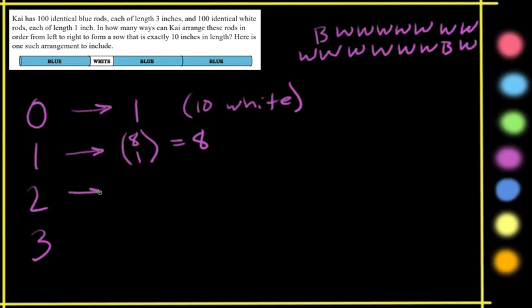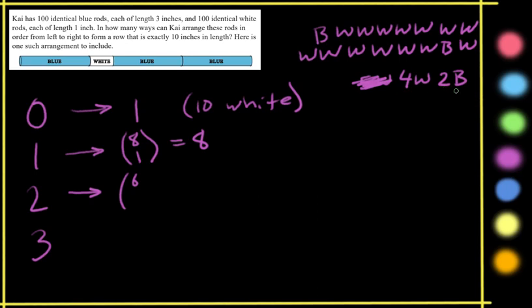And then for the case where we have 2 blues, we're going to have a total of 6 rods because we're going to have, hang on, not 5 white. There's going to be 4 white and 2 blue.